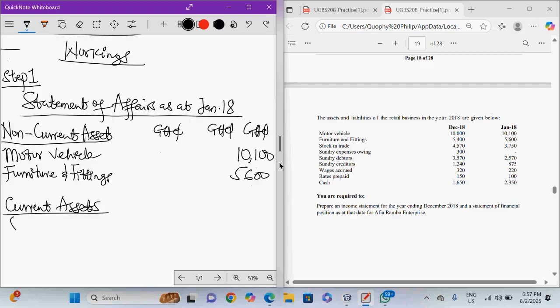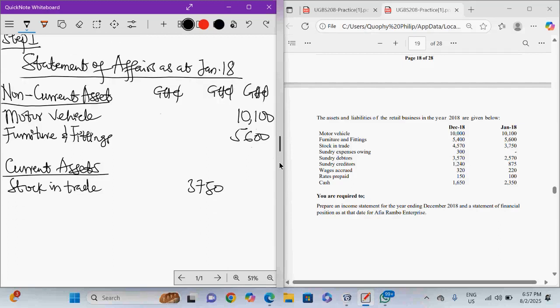Then we have the current assets. Stock in trade is 37,0. What else? Sundry debtors. But with that one, we have drawings on it too.